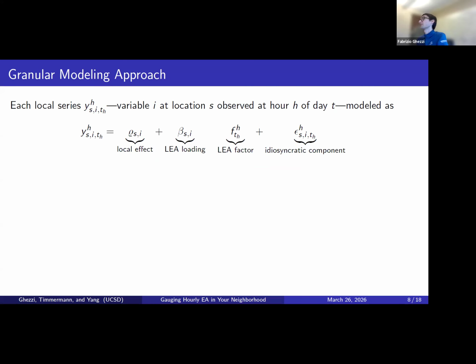Okay, and this is exactly what we do. We're building on this common component idea. We propose a dynamic factor model that decomposes this Y_H observable, where H means that these are hourly series, S means spatial location, and I means series, so I means traffic flow, electricity usage, or temperature data, vehicle traffic.